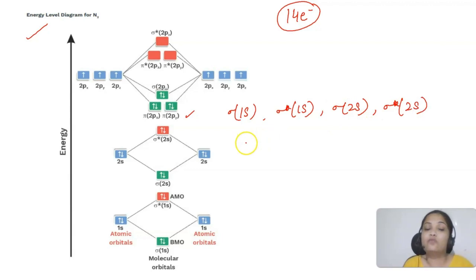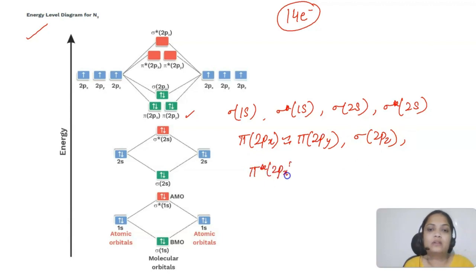Then what comes? Pi 2px, pi 2py. Then sigma 2pz comes. Then pi star 2px and pi star 2py and then sigma star 2pz. So this is the order.